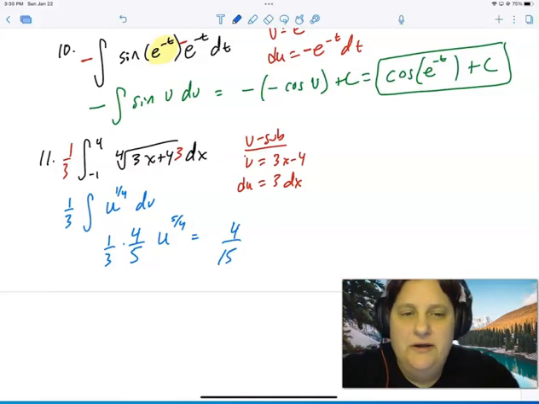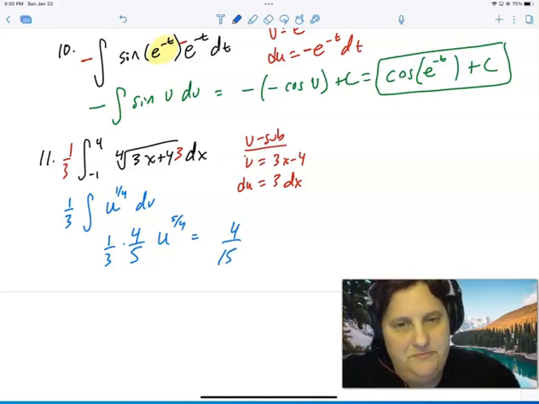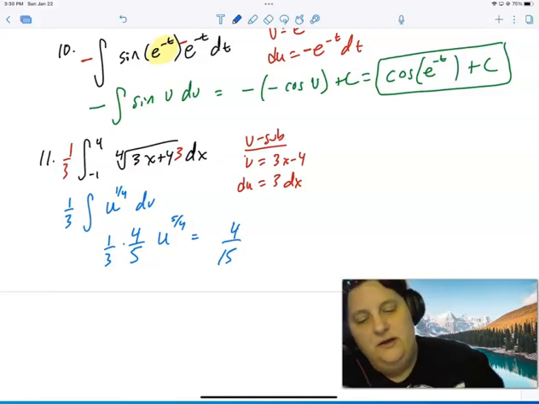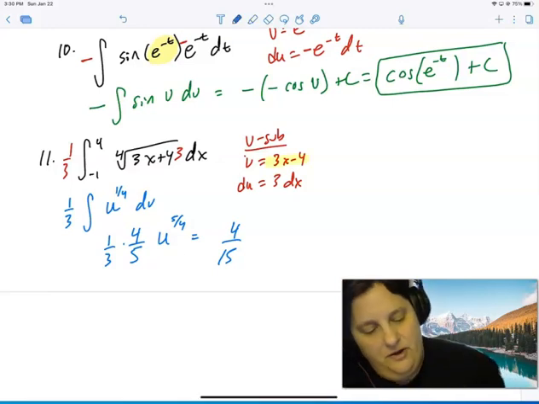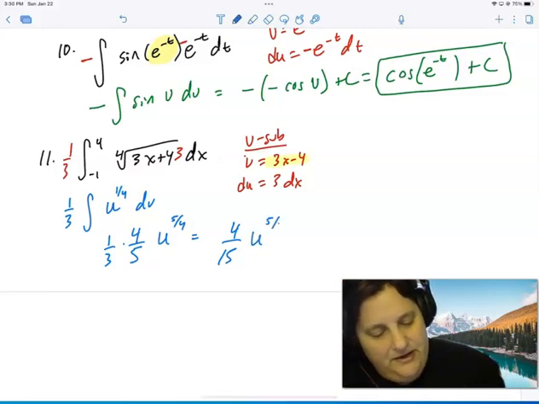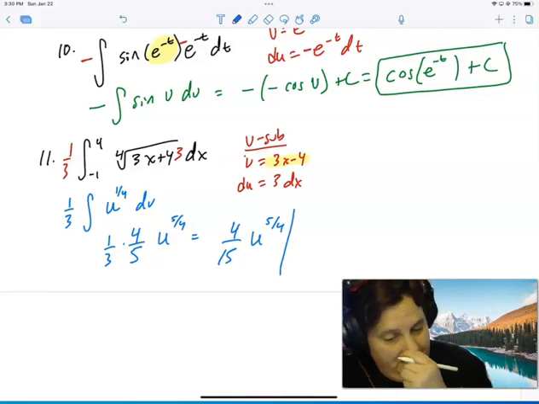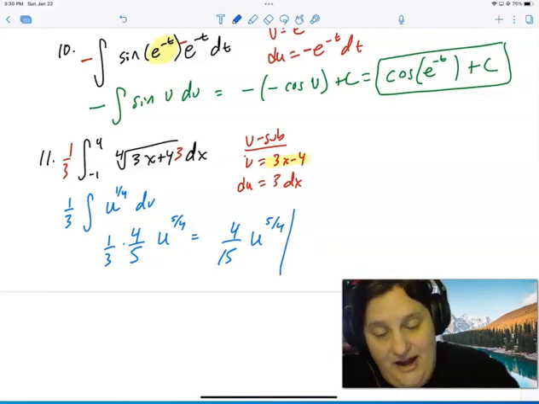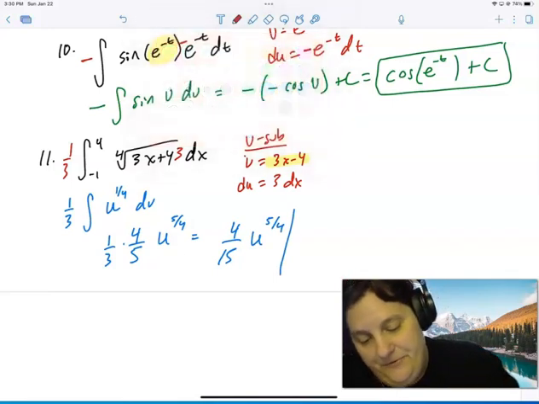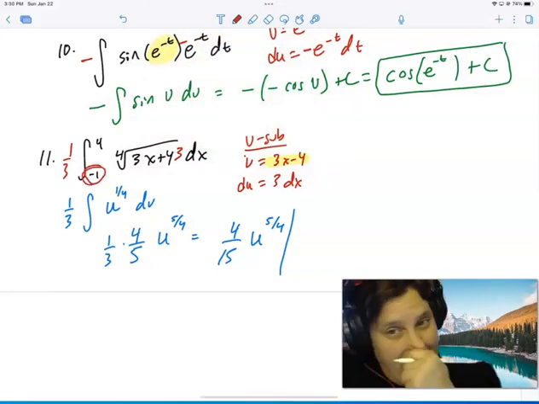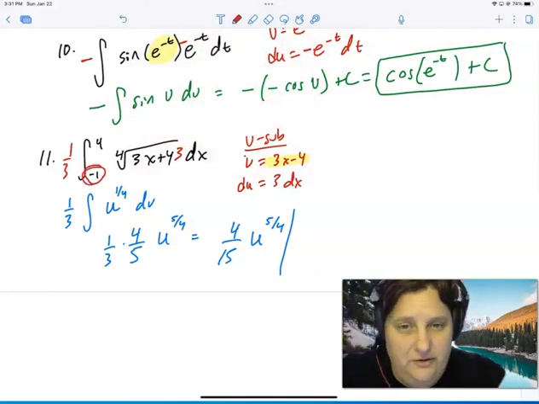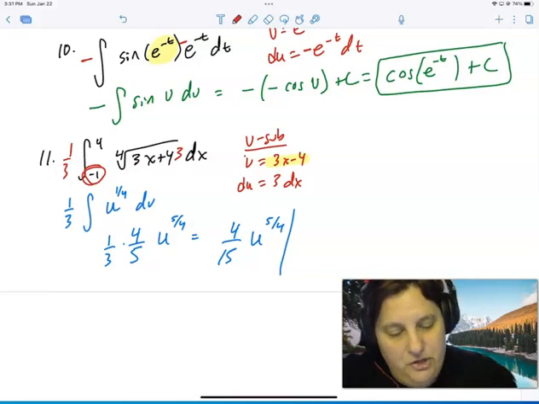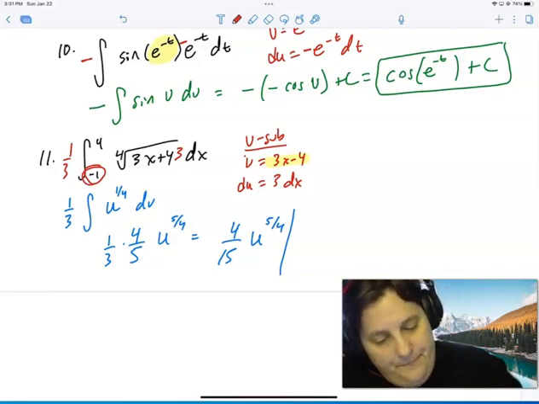Now, at this point, I typically would go ahead and put my x back in, but since I'm evaluating it, I'm actually not going to put that back in because it's already kind of complicated. But what I'm going to do is change my endpoints, okay? You guys see how right here, it started at -1, but that was an x value. What's the u value for -1?